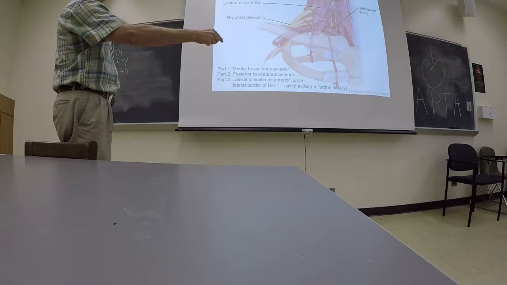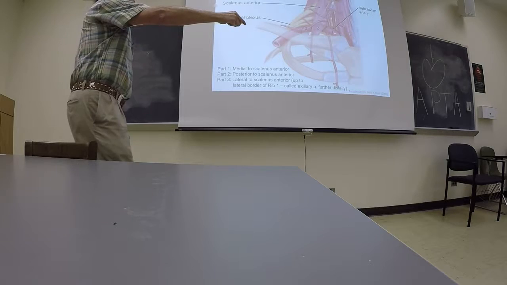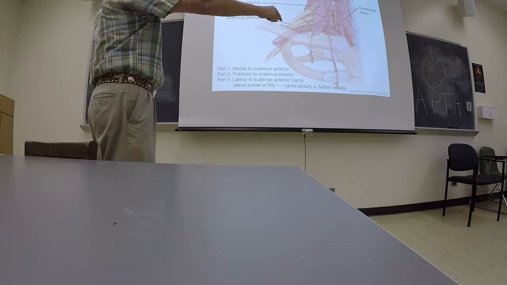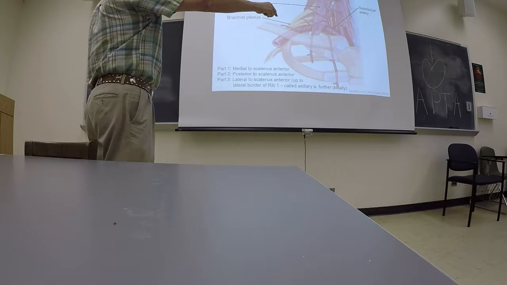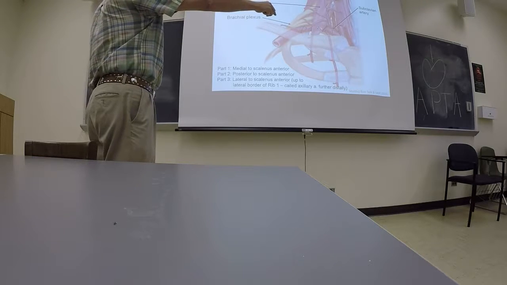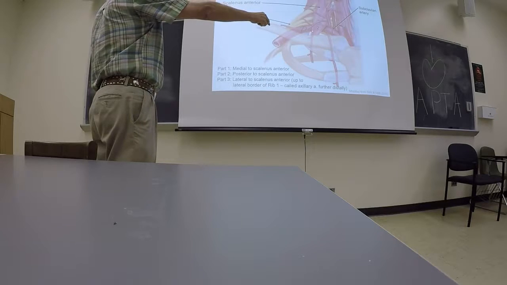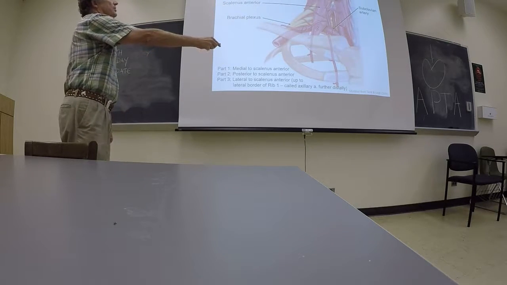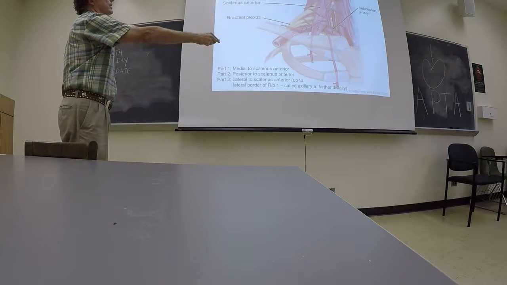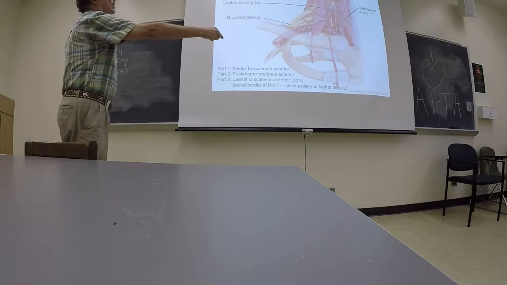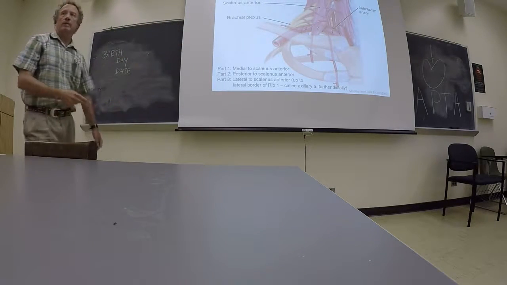The first part here, this is on the right side, so this is your brachiocephalic trunk. The part right up to the anterior scalene is the first part. The second part is the part that's behind the anterior scalene, and the third part is the part that's lateral to the anterior scalene before it ducks under the clavicle and over the first rib.